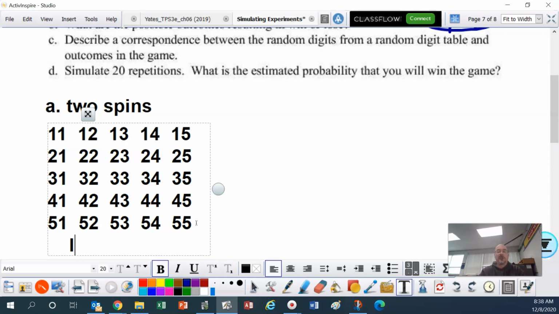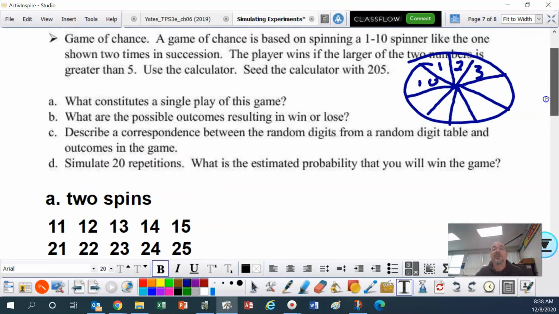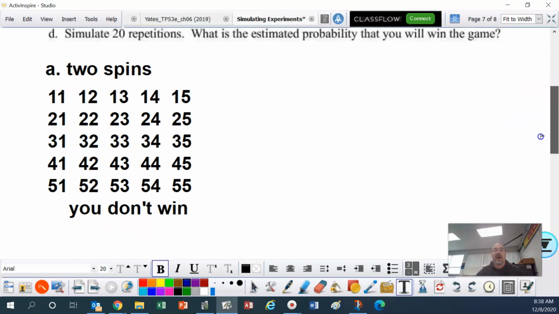This is losing the game, or you don't win. So I misread that at the beginning. So let me read it one more time, make sure. The player wins if the larger of the two numbers is greater than 5. So here you don't win. Well, where do you win? To win would be the rest of them.